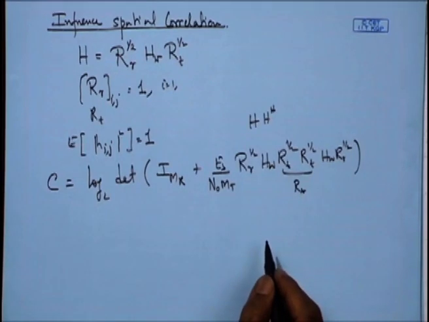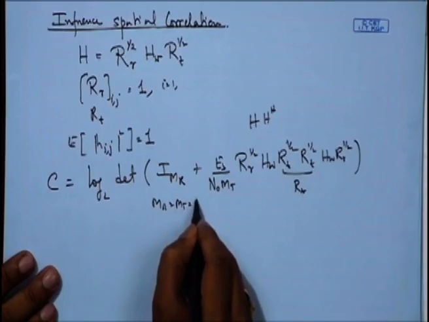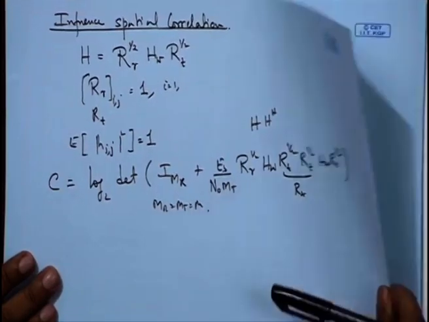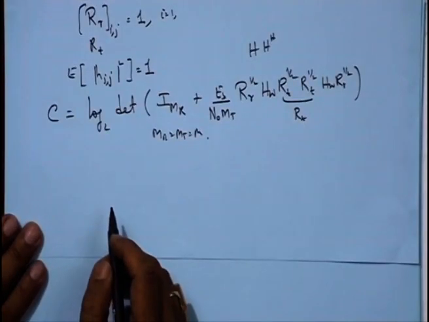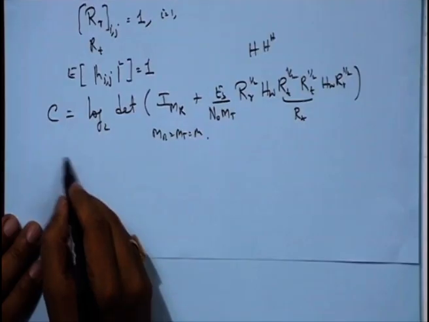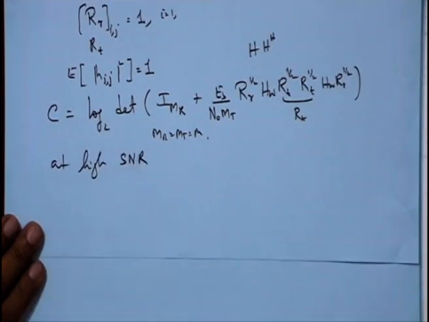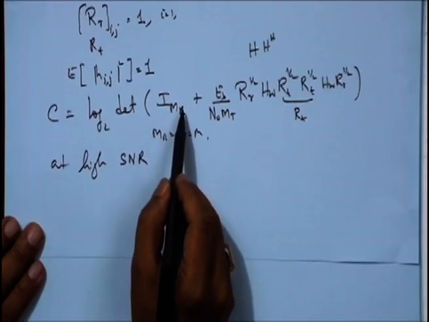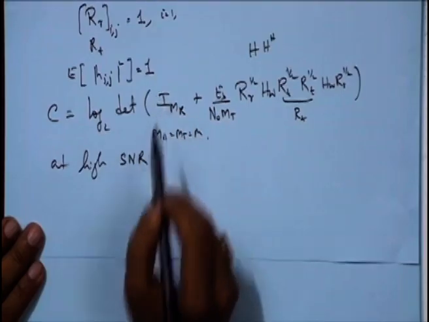This is what we could do, and we will make the assumption that MR equals MT equals M, that is we will make the full rank approximation. So when we write it in this form, since it is the determinant, we could say that at high SNR this effect of 1 could be neglected.